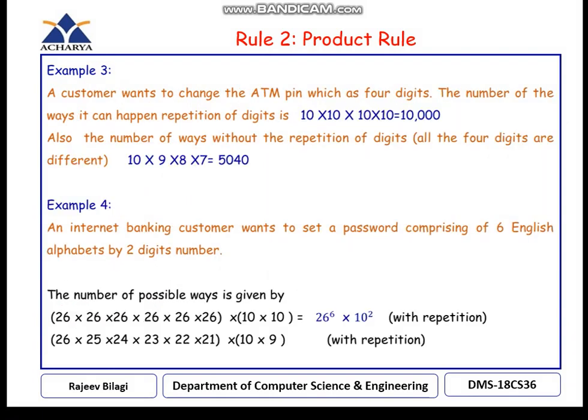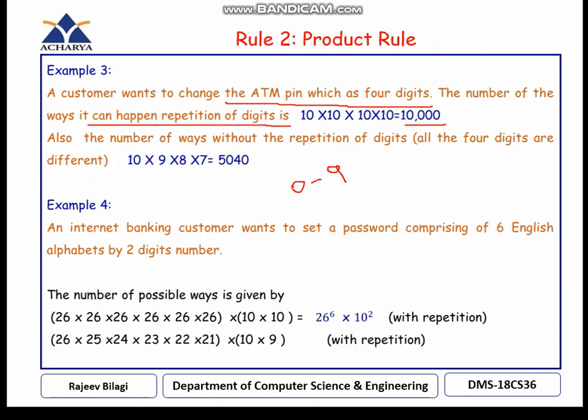Now the other one: a customer wants to change an ATM pin which has 4 digits. So your ATM pin should have 4 digits. The number of ways it can happen with repetition is this many, because you have 0 to 9 numbers, so there will be 10 numbers.